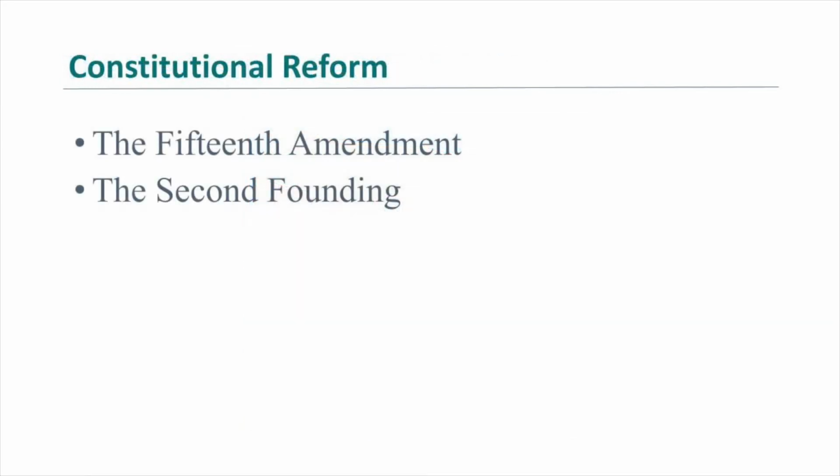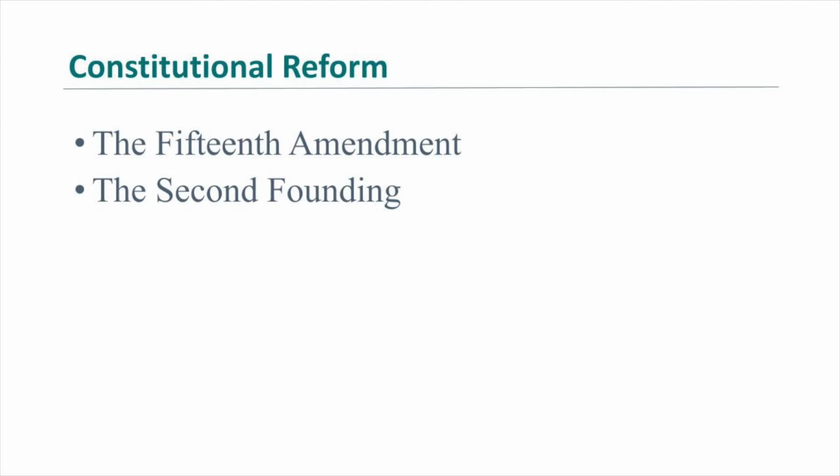Now, constitutional reform. Grant won the presidential contest by a slim margin. Republicans responded in February 1869 by adopting the third and final Reconstruction Amendment, the 15th, which barred federal and state governments from denying the right to vote to any citizen based on race. Denounced by Democrats, the amendment was ratified in 1870.